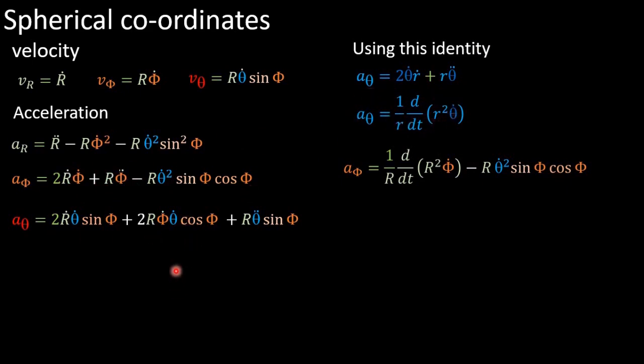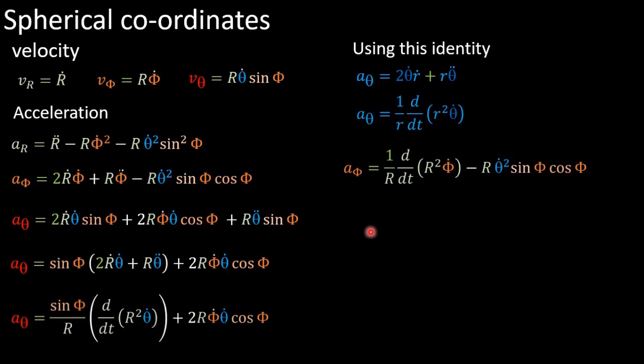First I'm going to factor out sine phi. I've got sine phi for this term and this term. I can then take this and rewrite just that bit using this identity. So that becomes sine phi over r times d by dt of r squared times theta dot, plus 2 times r times phi dot times theta dot times cos phi.